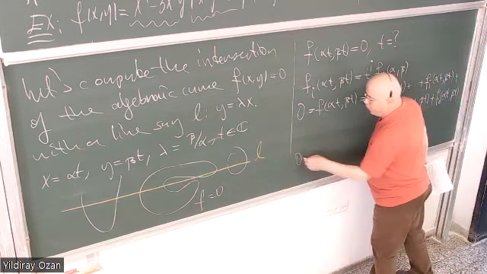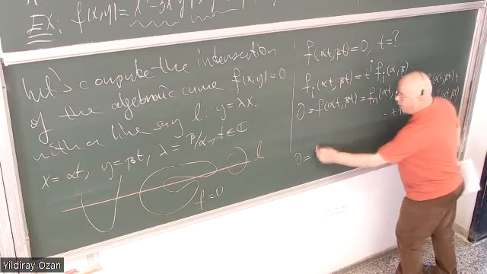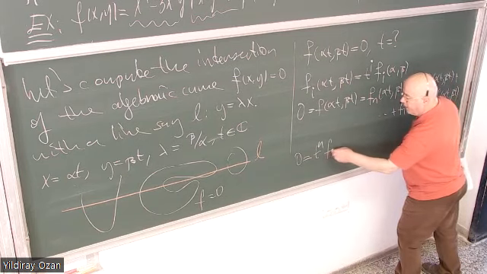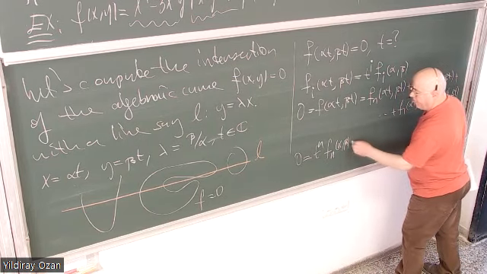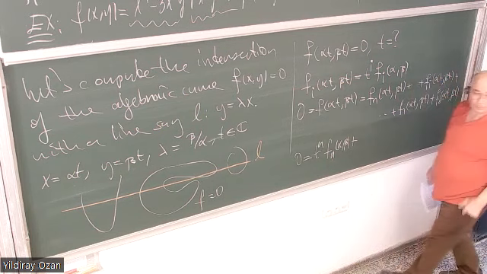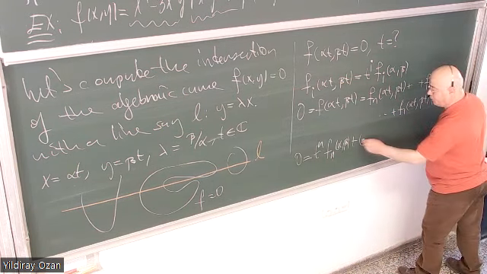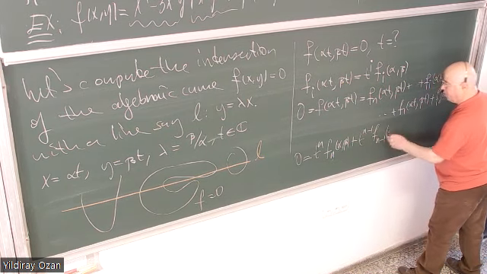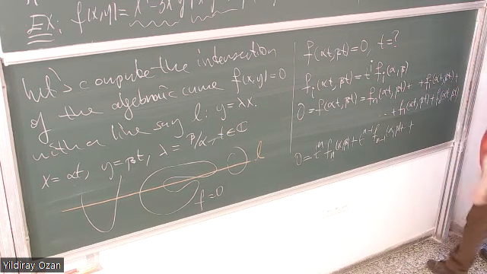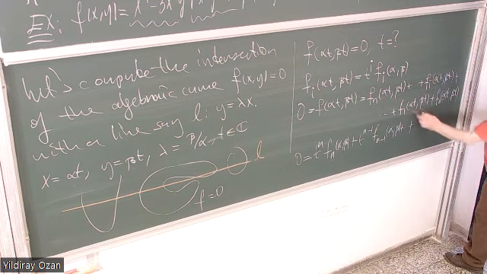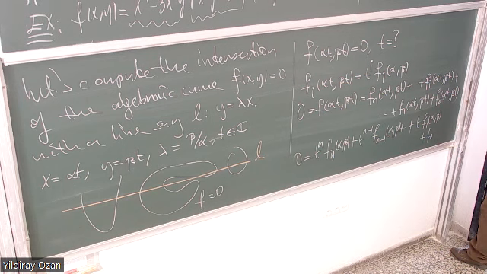So we get 0 equals t to the power n times fn of alpha beta, so this polynomial evaluated at the point alpha beta, plus t to the power n minus 1 times f(n-1) of alpha beta, up to t times f1 of alpha beta plus f0 of alpha beta. T to the power 0 goes out, and t to the power 0 is just 1.